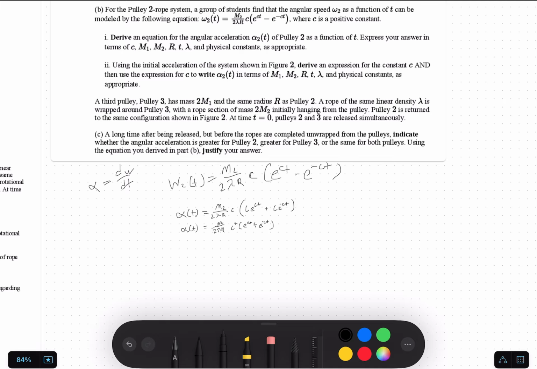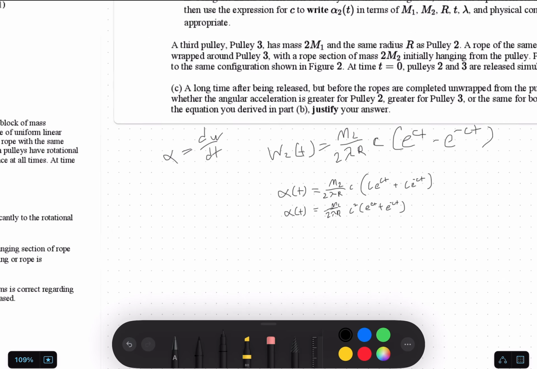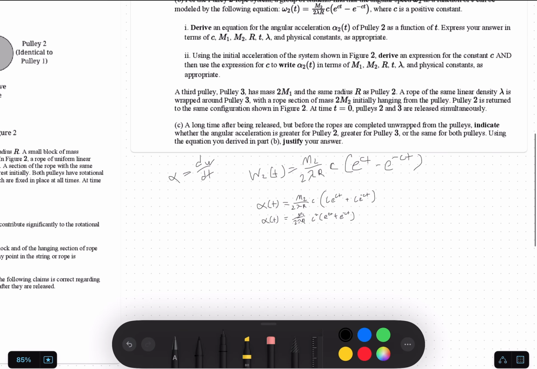And now, part 2. Using the initial acceleration of the system, derive an expression for the constant c, and then write it in terms of physical constants. So we're using the initial acceleration.